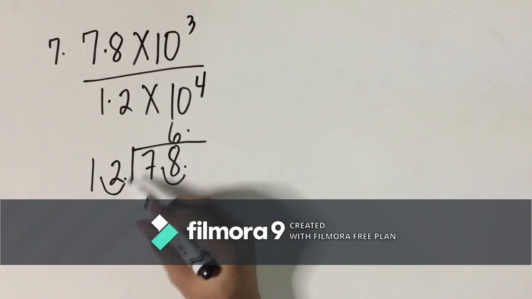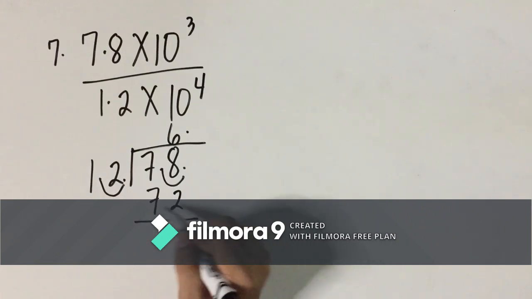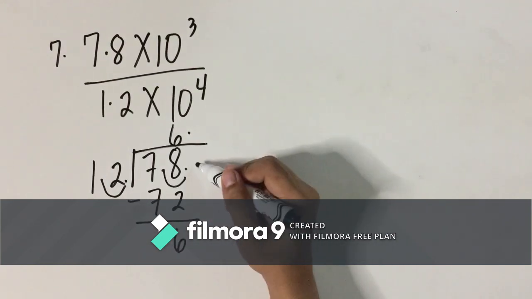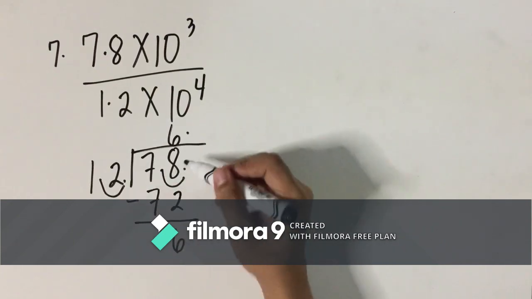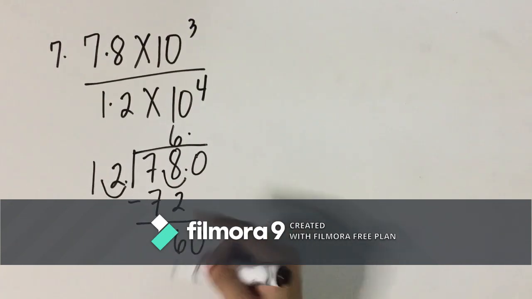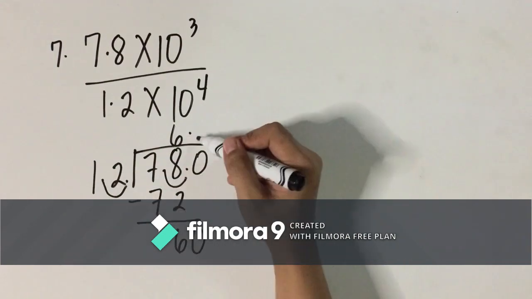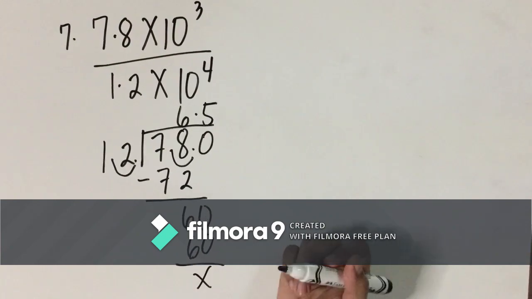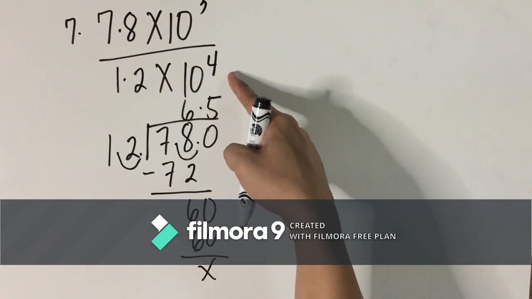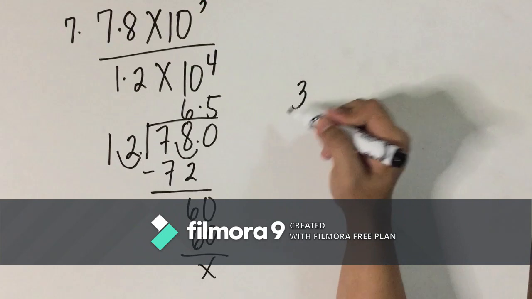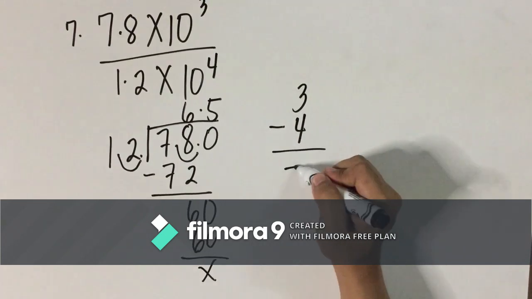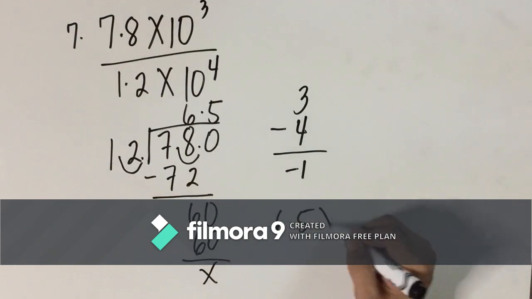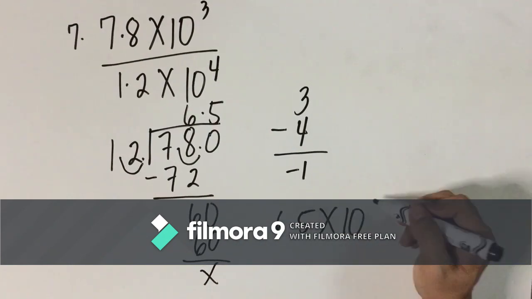So we have 6, multiply that, we have 72, subtract that, we have 6 as the answer. So we cannot do dividing it to that particular number. So bring down 0. So we can now proceed. We have 6.5. So our answer for that particular number is 6.5 times 10 raised to, we have to subtract 3 and 4. We have negative 1.